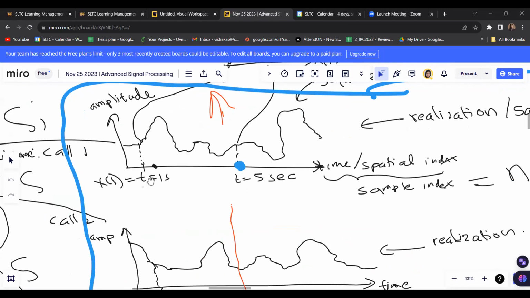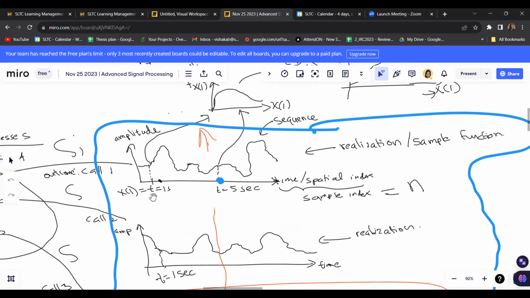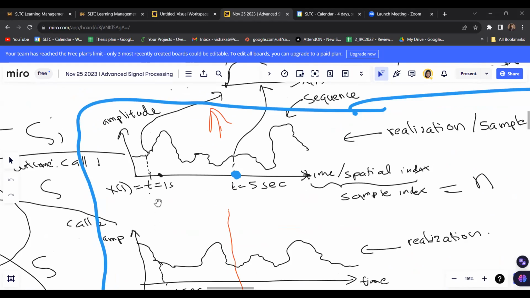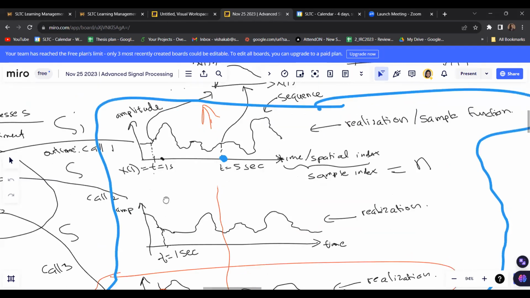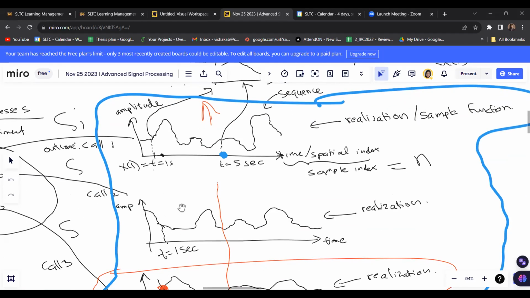So we can define the characteristics of all the realizations by considering one time instance at a certain time. If we want, we can consider t equals 1 second, and then we can plot the amplitudes that we can obtain for a time instance of 1 second of all these realizations.